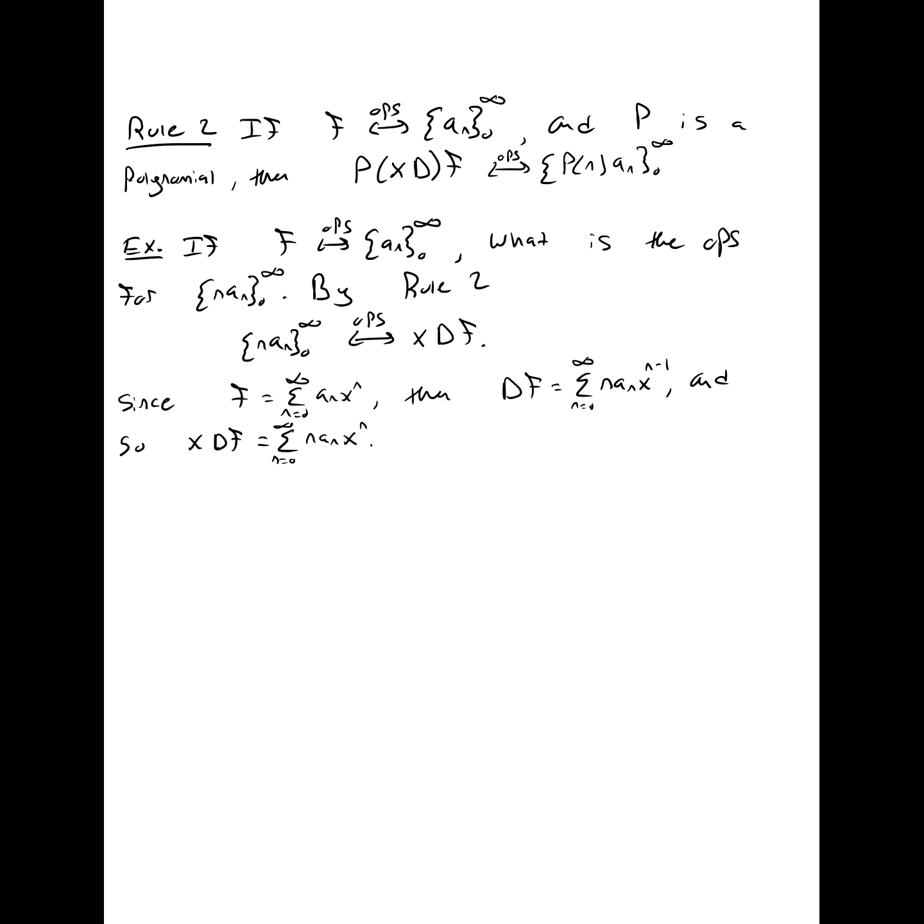So this x df is enough for us. If we had an f, we would actually be able to explicitly come up with the formula for this n a sub n. And that's really nice. So that's really the reasoning for the rule. I mean, that's really kind of what's going on there.